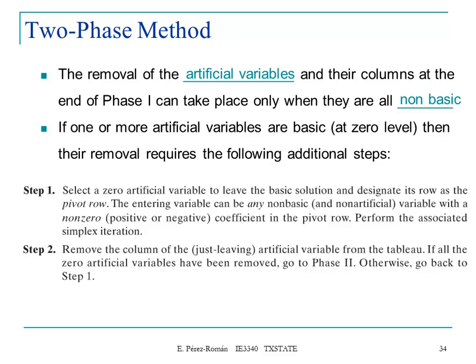And also, I want you to give me the right objective function. So for the first phase, you need to modify the objective function. For this case, you only have one artificial variable, so please write down the objective function and the constraint for the first phase.